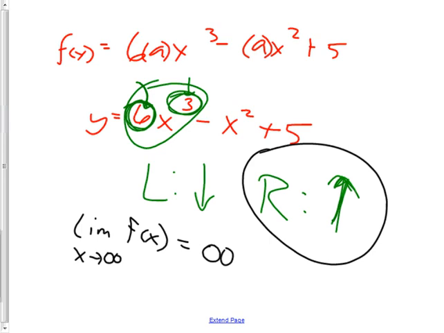If you wanted the left end, you just change this to negative infinity, now you're on the left. I look at the left and it's down there, so I just change it to negative. So first get a picture of what the graph looks like, then you can make your limit. Yes?